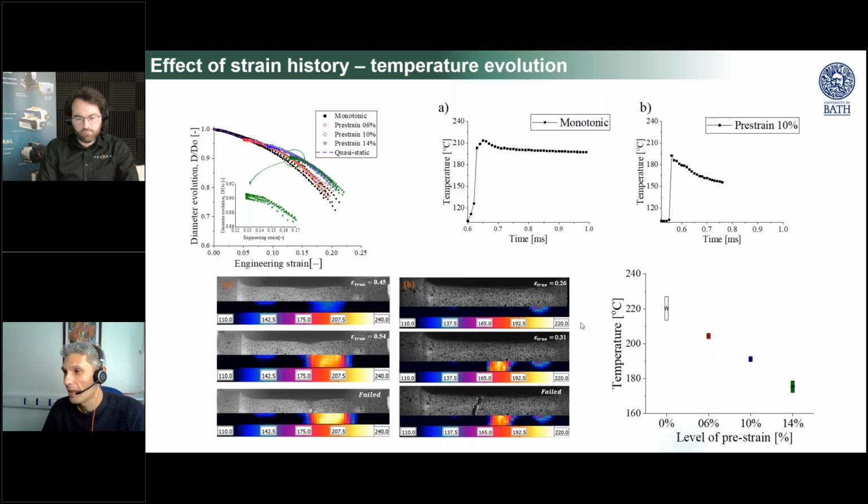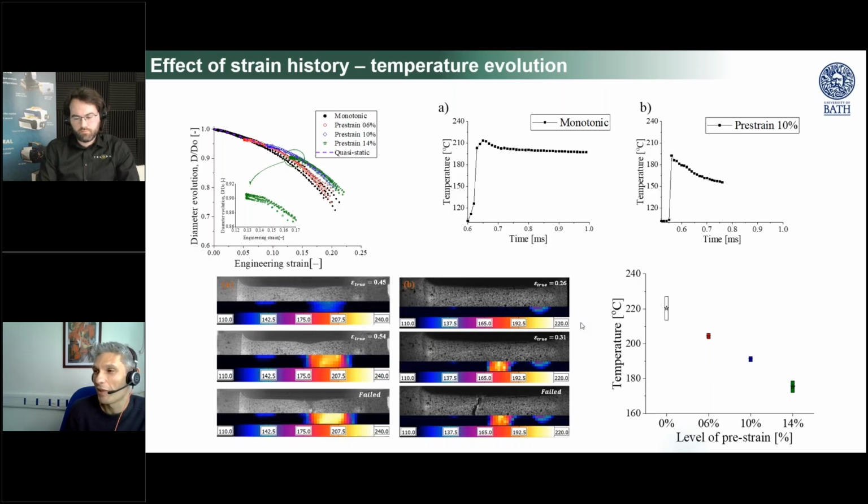And that is, as all experimentalists would expect, because of the plastic energy that is dissipated during the deformation. As the experiments occur in a very limited time, it cannot be dissipated into the surrounding environment.